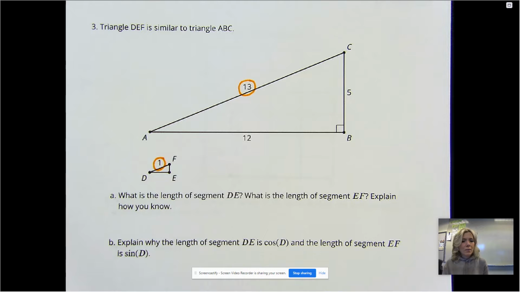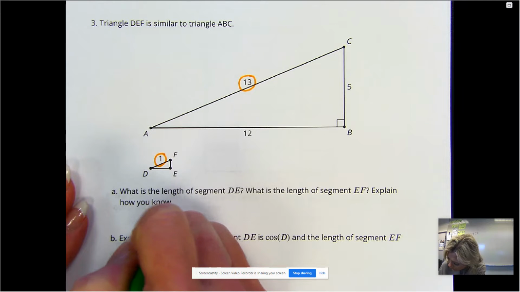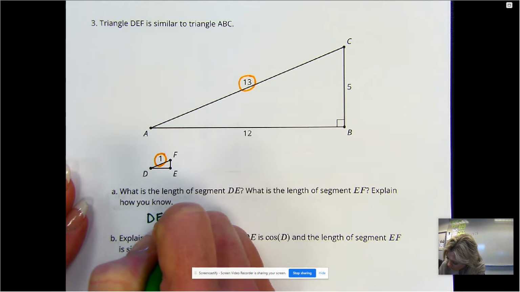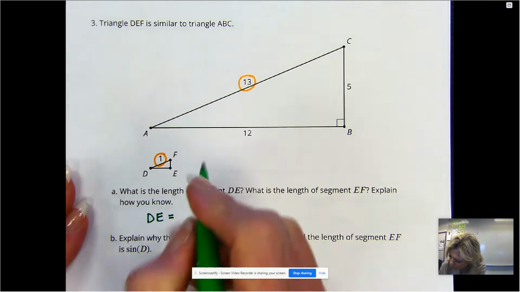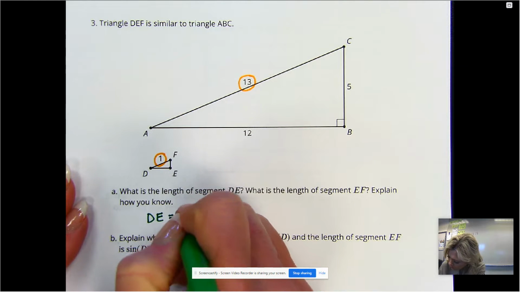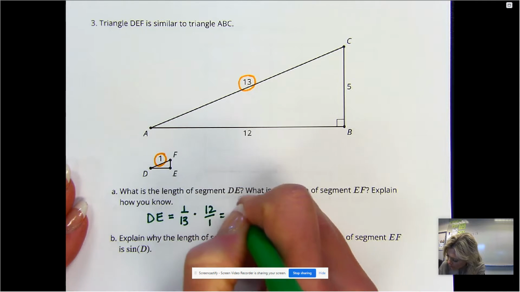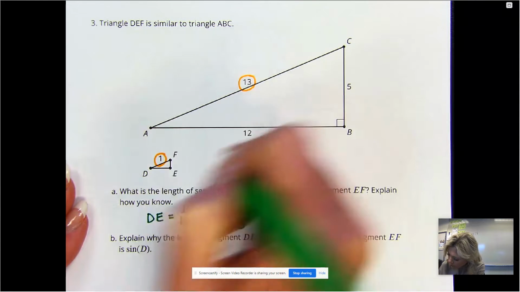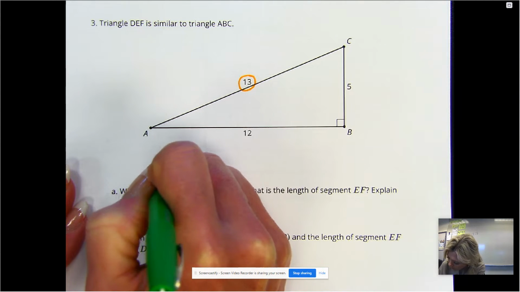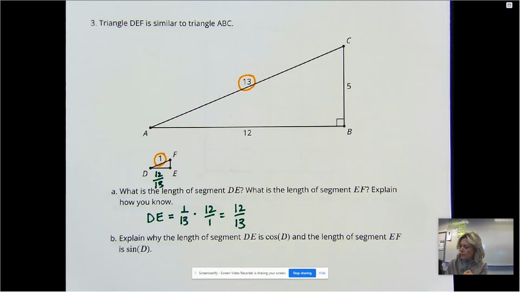So the length of segment DE and EF. So DE is equal to 1/13 of 12. 1/13 of 12 is 12/13. So in the little triangle, it has a side length of 12/13.